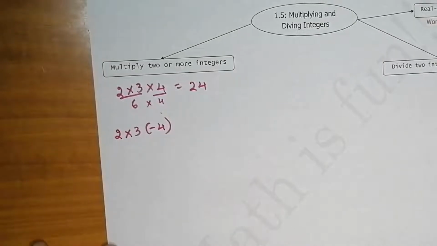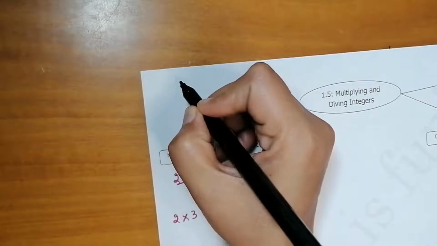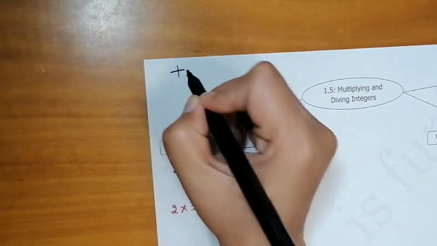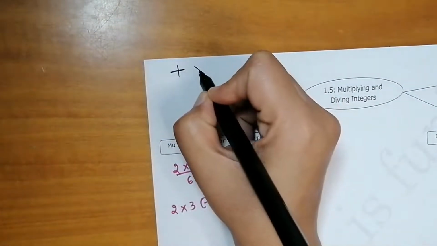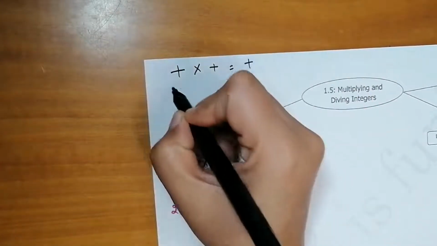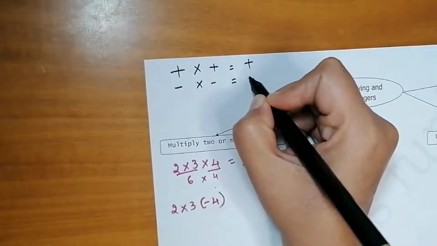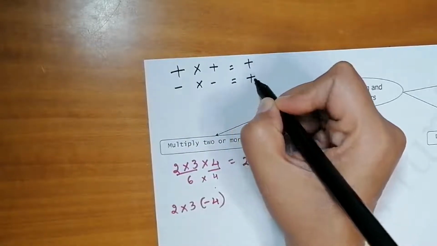Before we do this, let's quickly recall the multiplication rules that we already know. You've got to answer me. Plus times plus, what is it? It's plus. Minus times minus is minus or plus? It's plus.